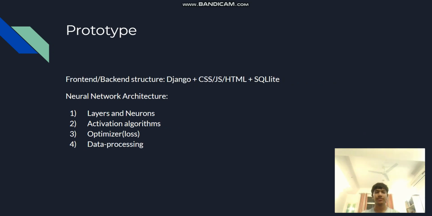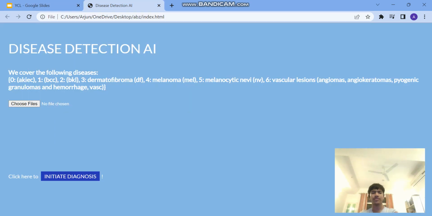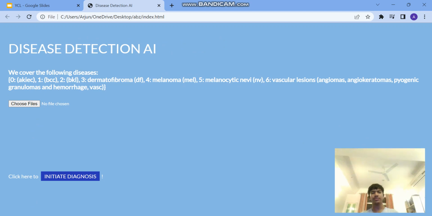So we basically plan to make this on a website. So we had a front end, back end structure and neural network architecture. So we aren't completely done with scaling our website yet, but we have made a neural network. And currently our website runs on Django, but in the future we are looking to basically change it to Flask. So yeah, this is what our front end would probably look like. Again, it's in its rudimentary stages.